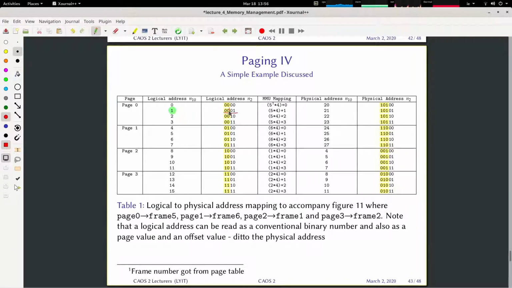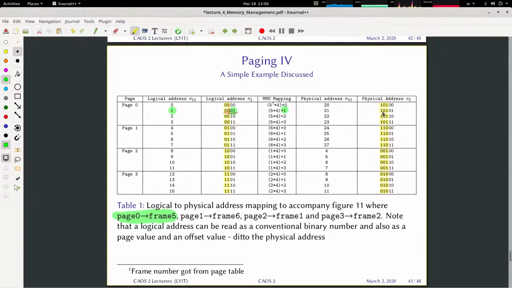So if I split that into two components, we can see that we're dealing with page 0, offset 1. Then if we look at the page table, page 0 is stored in frame 5. And when we do that multiplication, 5 multiplied by 4 gives us 20, plus the offset value, which is 1, that gives us 21.